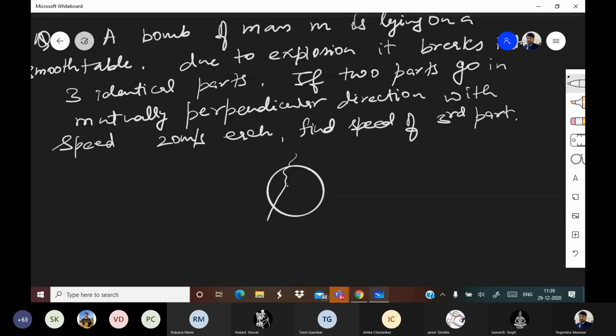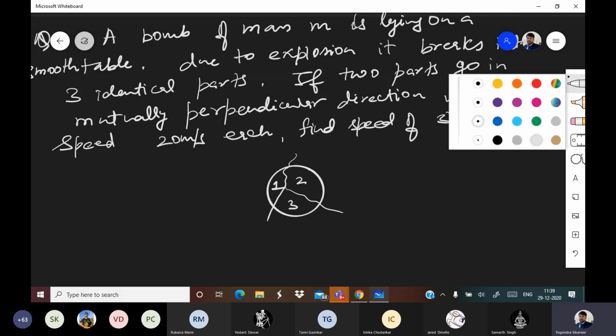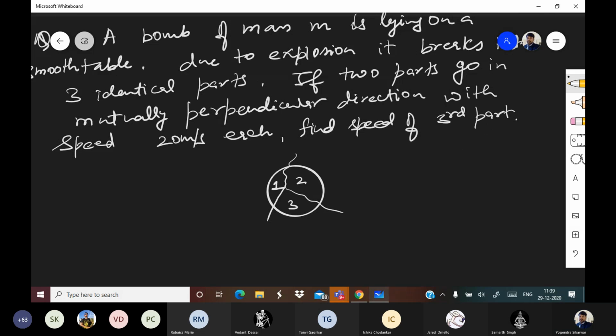So this is one part, this is two part, and this is the third part. Now listen carefully. One part is going in this direction, one part is going in this direction, 20 meter per second, 20 meter per second. This part we don't know where it is going. We are considering it as V.